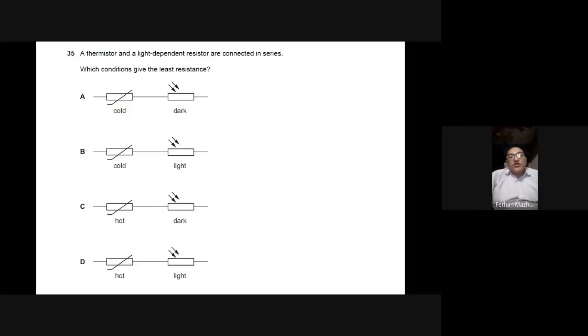So we have to look for those conditions in which the thermistor will have the least resistance, and the LDR, light dependent resistor, will have the least resistance. Thermistor gives least resistance when it is hot, and the LDR gives least resistance when it is in the light. So hot and light. So D is the option. Question number 35, D is the option. I hope you are understanding it.